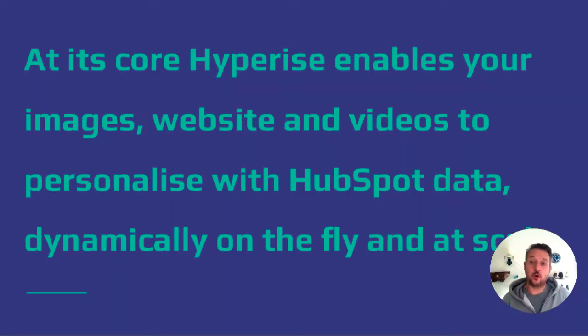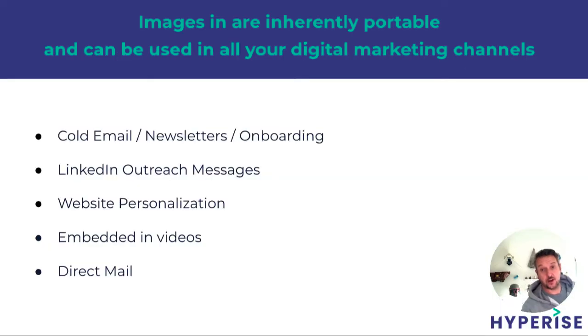And that's really what Hyperise enables at its core, for you to personalize your images, your website, and even your videos. So you're increasing engagement at each of these steps and creating true hyper-personalization through your funnel. And of course, that can be used in outbound outreach, newsletters, whatever kind of communication methods you're putting out there to your customer base or to your prospects.